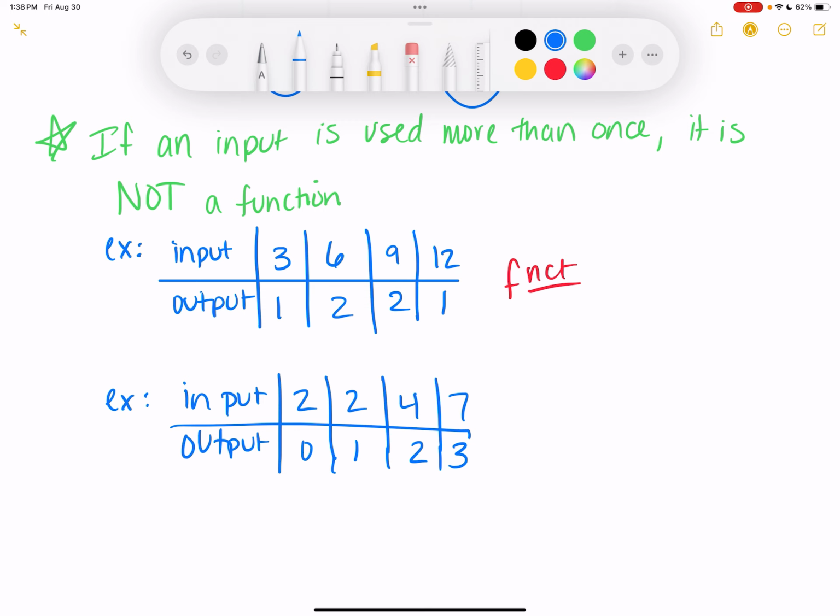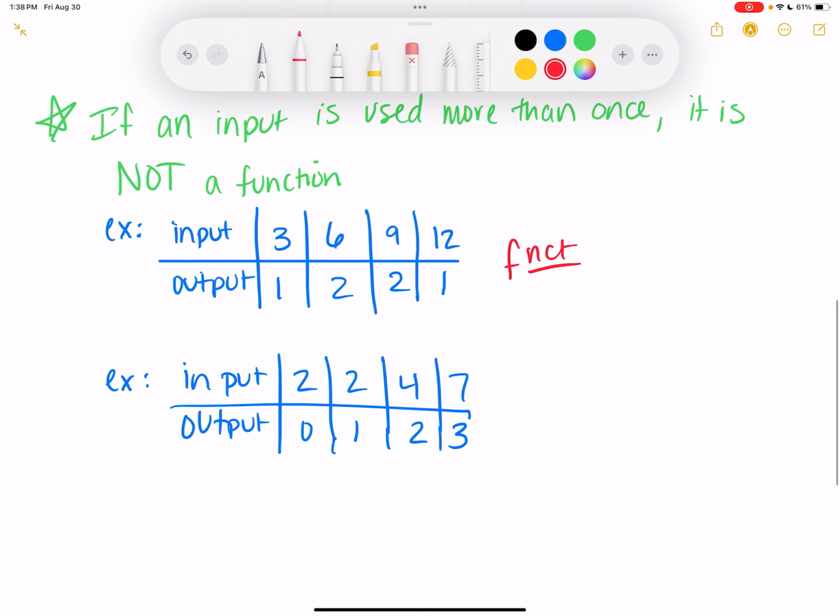Is this one a function? Why or why not? Input has 2. There are 2 2's there, so this one is not a function because there is a repeated input value.